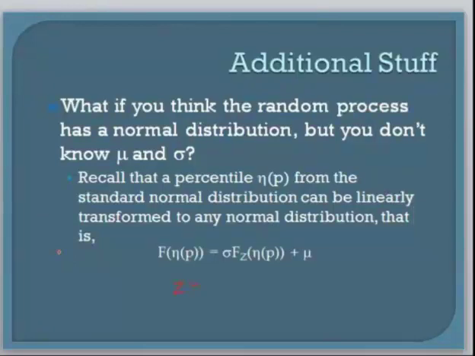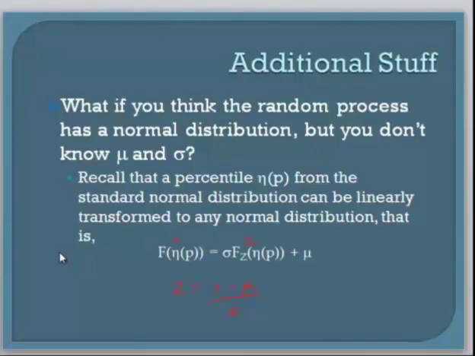Z is equal to x minus mu over sigma, and this is just rearranged. And remember that if we take a look at our usual equation right here, we can rewrite that in this form, and this f of z eta of p is actually like a z value, and this one of course is like an x value.